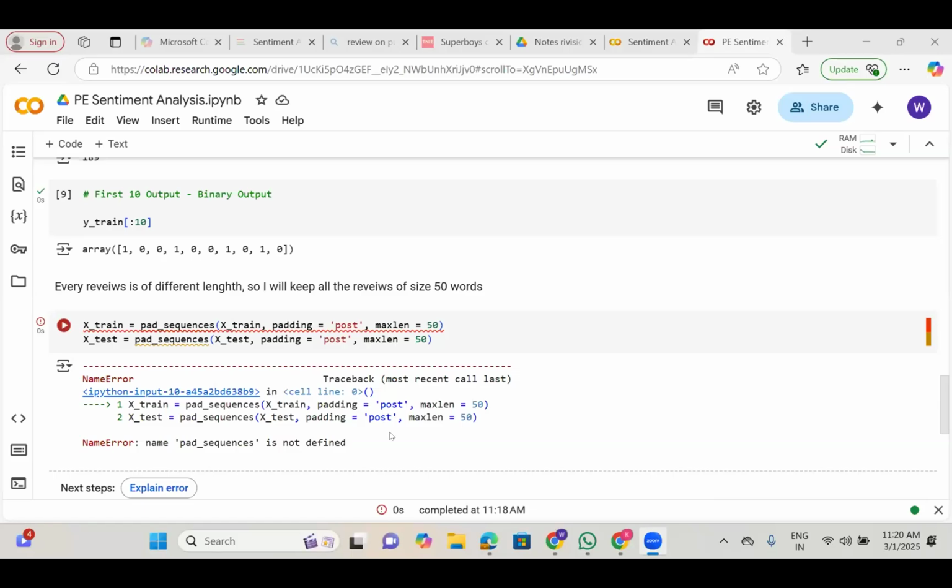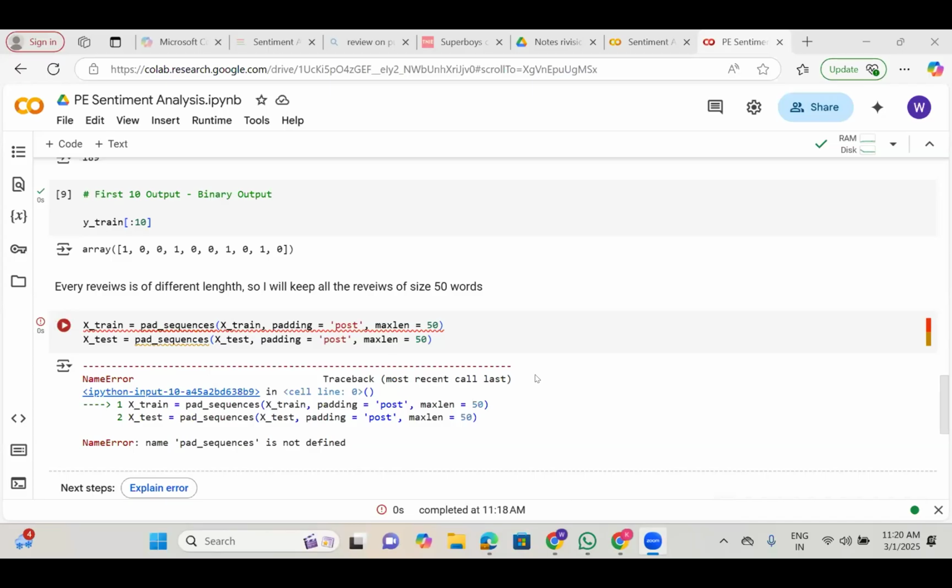Just accept the request. Can you see? I can see the screen.